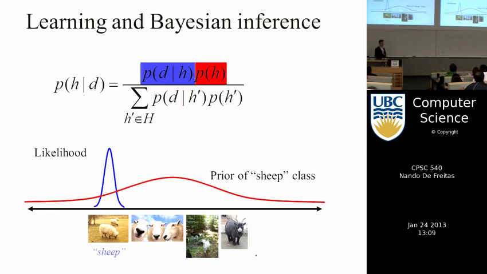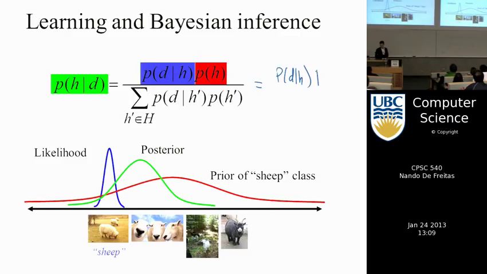And then what Alice does is she combines the likelihood with the prior by using Bayes' rule. And she gets the posterior, which is her new beliefs as to what a sheep must look like. And this, just to emphasize, is P of D given H times P of H using Bayes' rule divided by P of D.